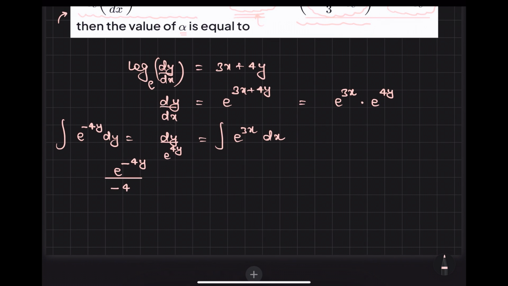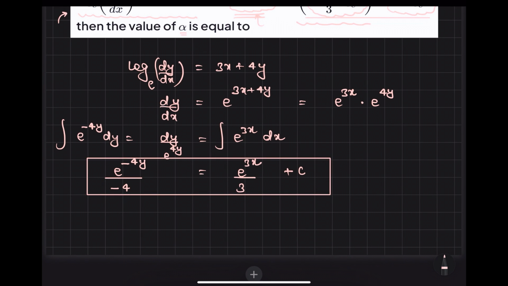Okay, so this is the integration of LHS. Now on RHS we are having e power 3x, we have to divide by the coefficient of x. Okay, plus integration constant c. Now you got this situation.